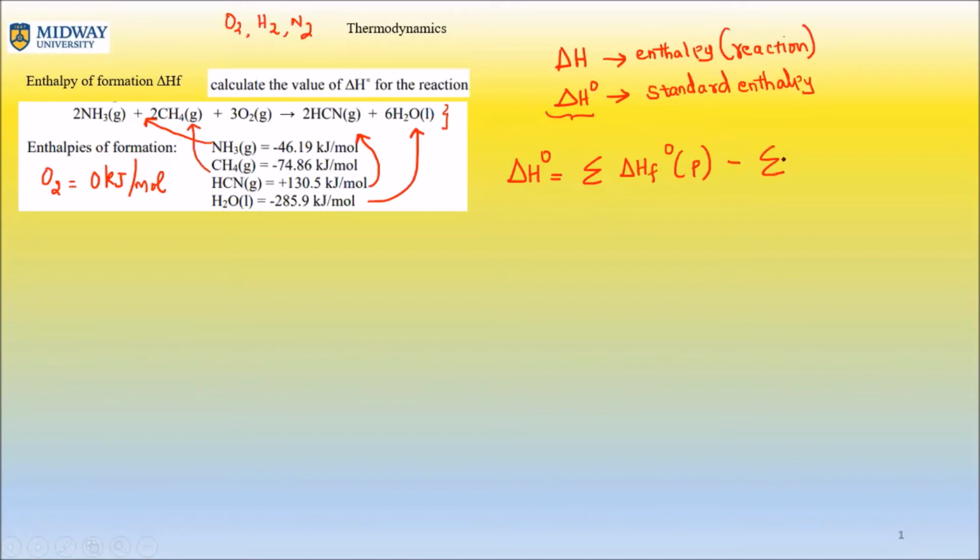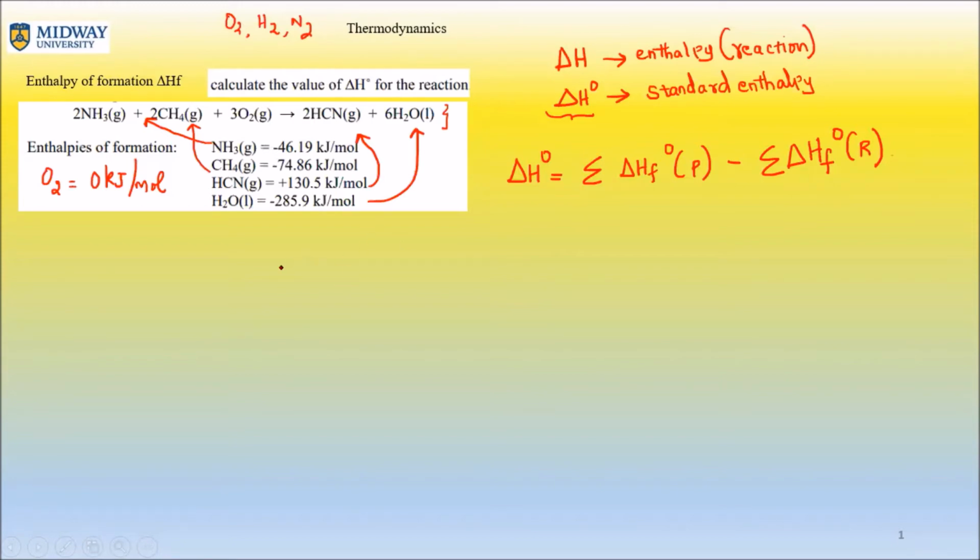I'm keeping this simple even though there are a few more things in here that I'm not writing, because I don't want to make this generic thing really complicated. If people are watching this on YouTube, they're probably going to jump to the conclusion, oh, you're writing it wrong. No, I'm not writing it wrong. I'm keeping it simple and I'm going to explain it as I work the problem. As you see, P is products, R is for reactants. That's very important. Don't mix it up. And sigma stands for sum.